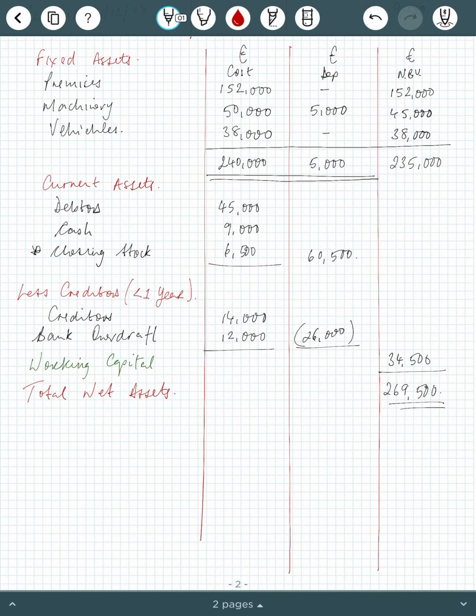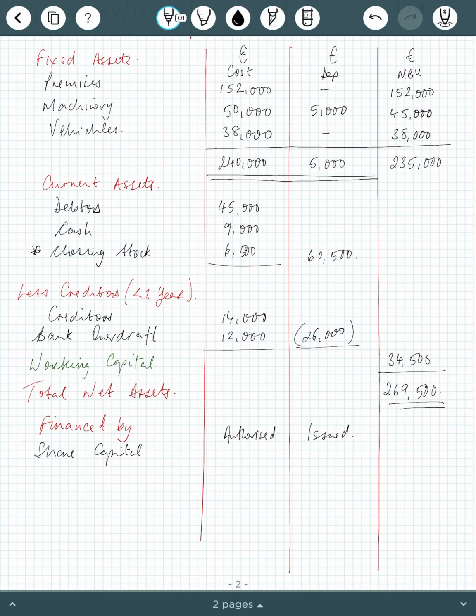On to the last section, finance by. The first thing you have in finance by is your share capital. As I said, make sure you have your authorized and your issued.